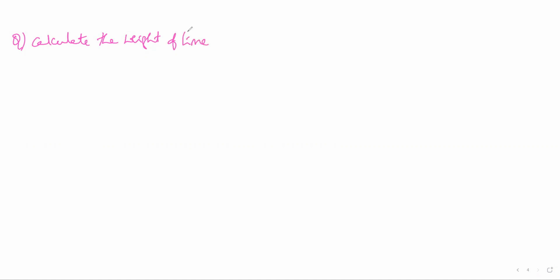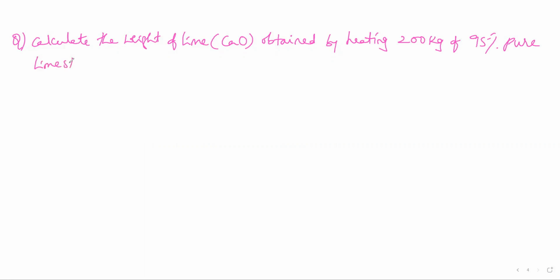What is lime? CaO, obtained by heating 200 kg of 95% pure limestone. That is calcium carbonate.